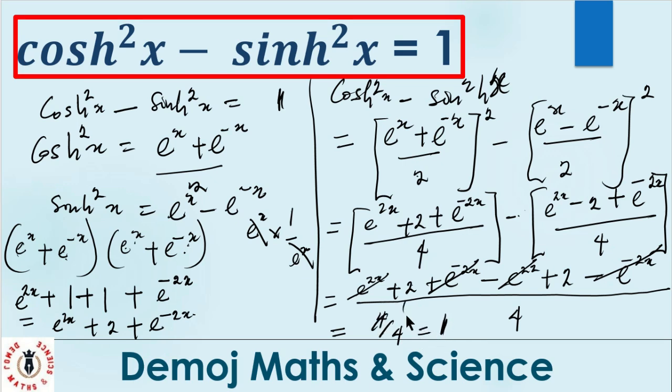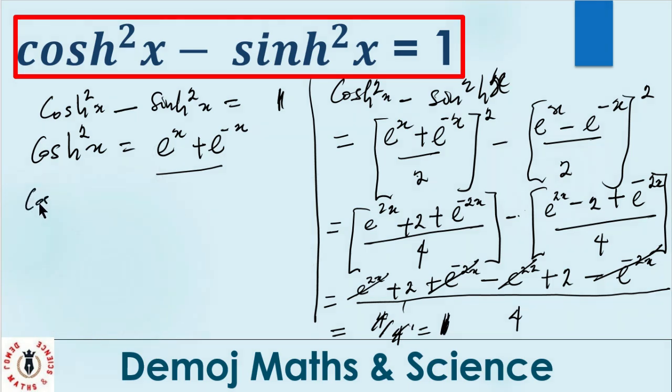So that without missing a word, we've been able to show that cosh squared x minus sinh squared x is the same thing as 1.